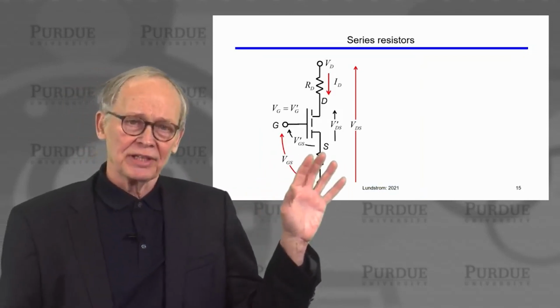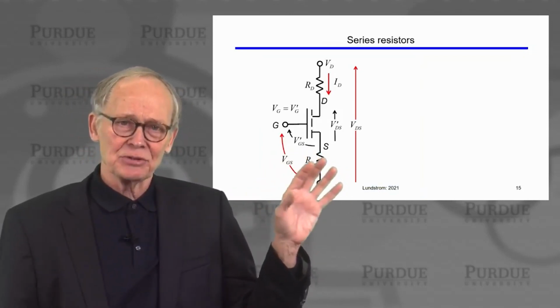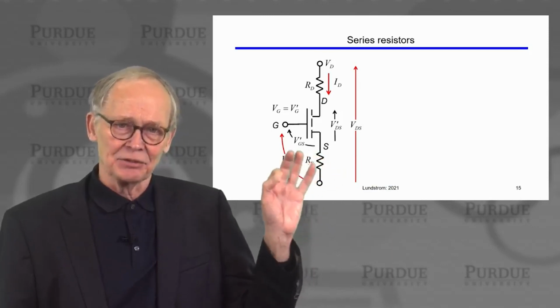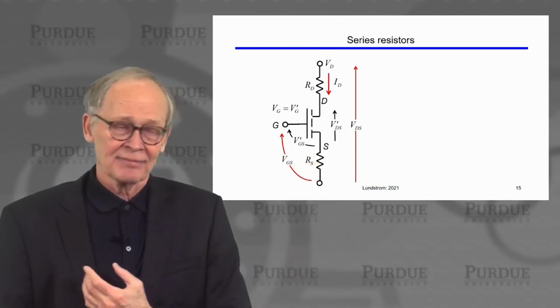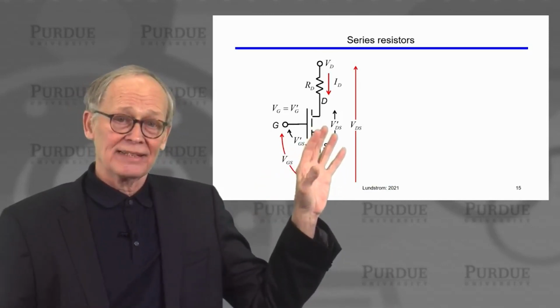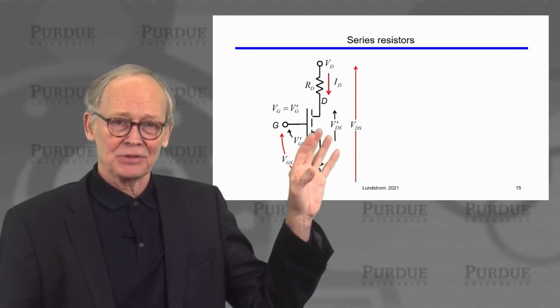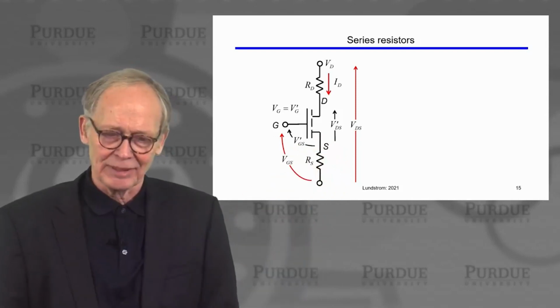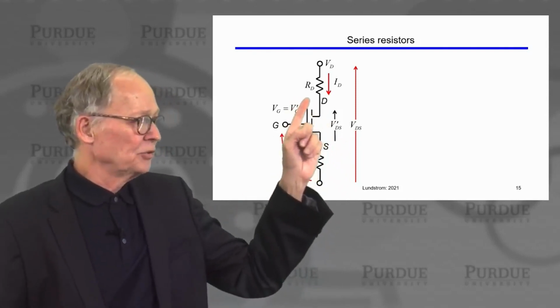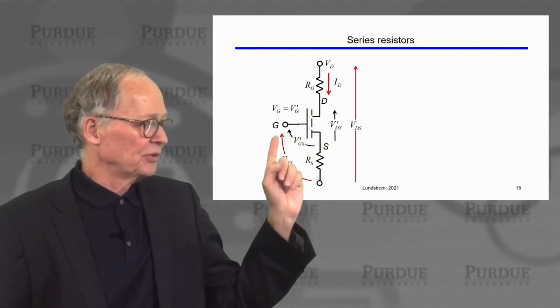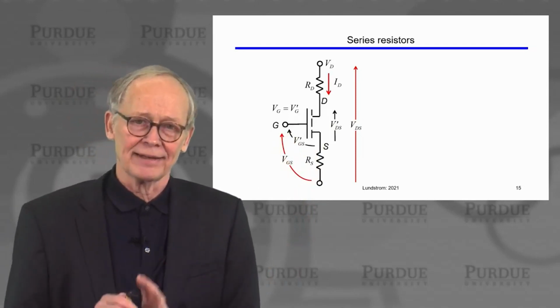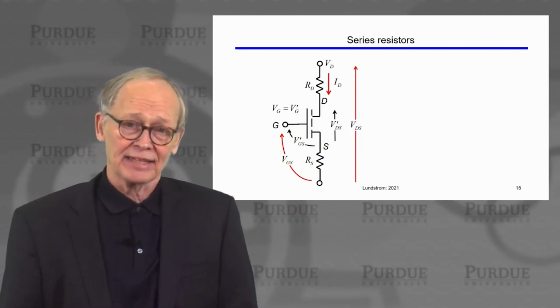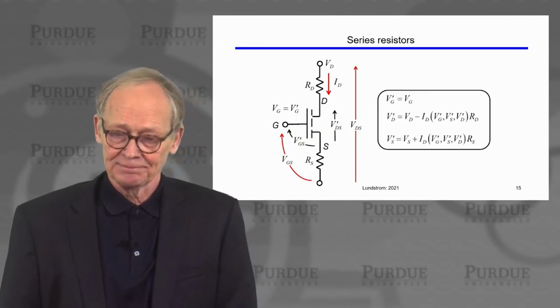Well, the voltages in that model are the actual intrinsic voltages that get into the drain, the source, and the gate. When we attach metal contacts to the transistor, there's some resistance of those metal contacts to the semiconductor. That introduces series resistors that are inevitably there, and that affects the IV characteristics of MOSFETs.